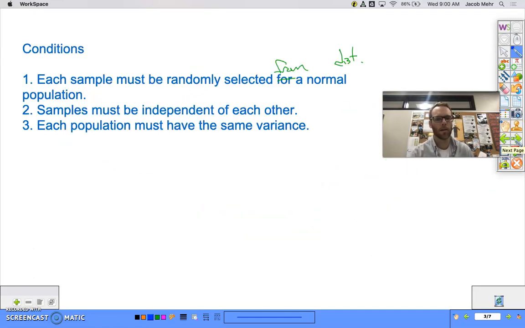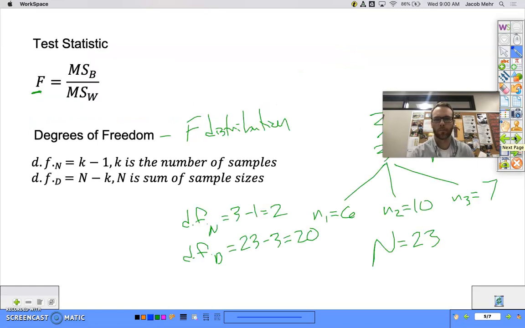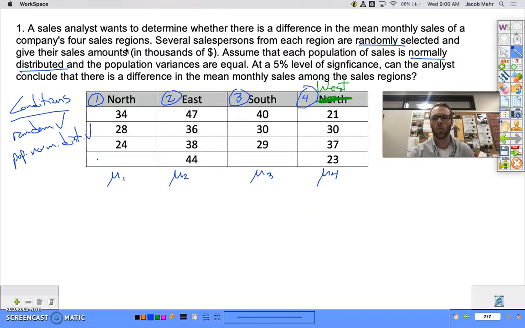Samples must be independent of each other. Now, I didn't say anything about independence up here, but when we think about this, is this region's sales independent of that region? Is this region's sales independent of the other 3, and so on? I think we can say yes to the independence here because these are from different regions. How sales are doing in the north is not impacting how sales are happening in the east region, right?